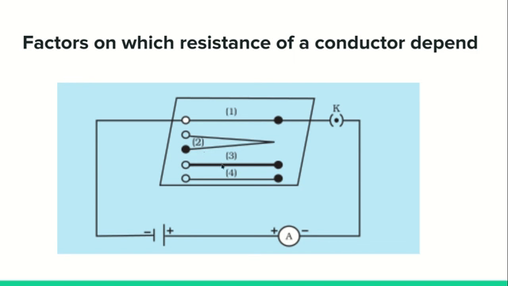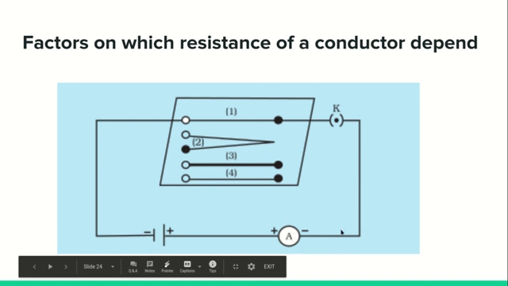Also, we find that if we are using a thicker wire instead of a thin wire, the resistance reduces. And if we are using a different material of wire, that is, first we used nichrome and then copper wire, every time we use a different kind of wire, we get a different reading.